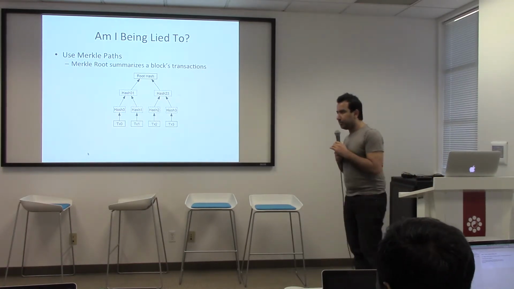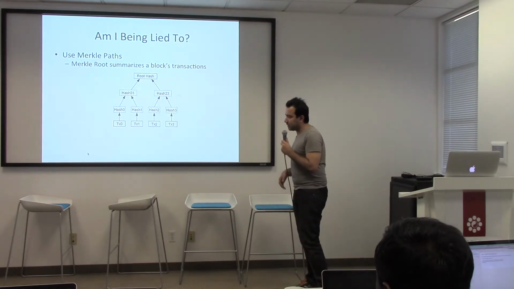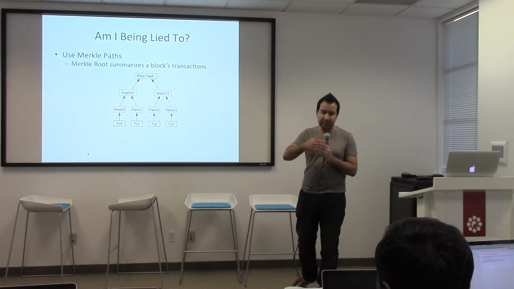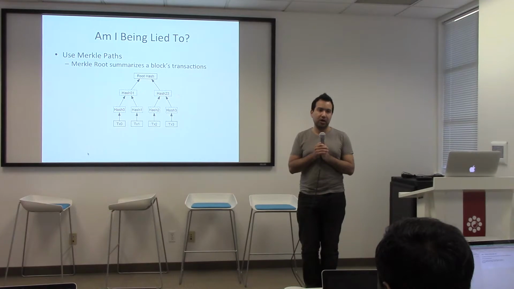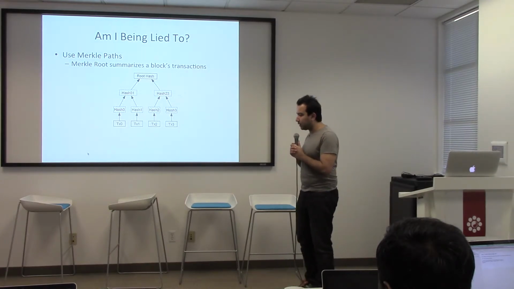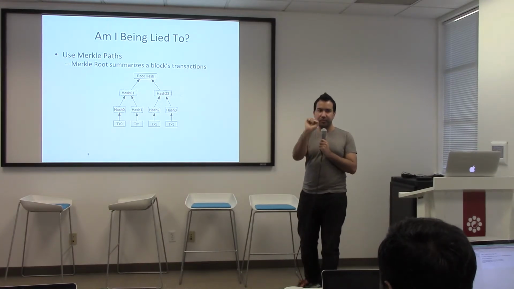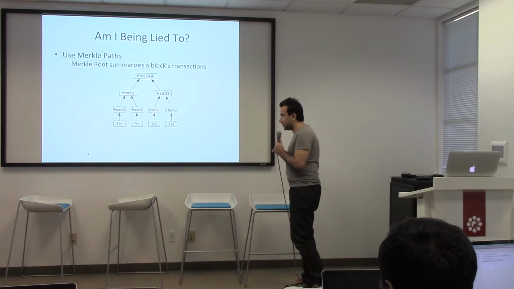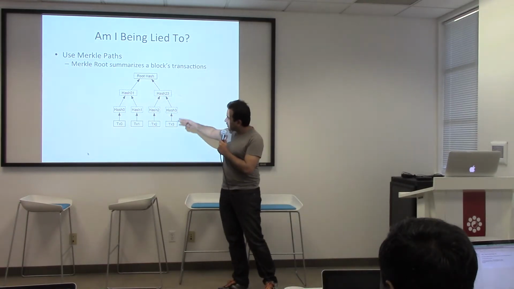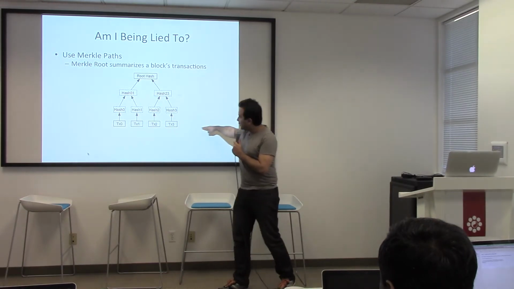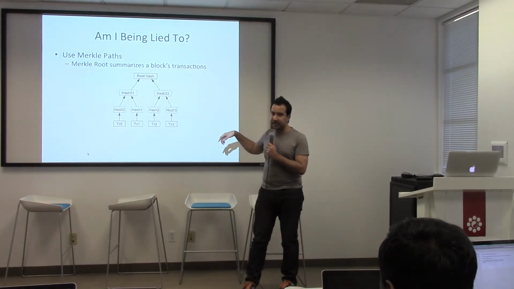If you remember Merkle roots, you can summarize the entire contents of the block in a hash string that is 32 bytes, right? The way you do that is, in this binary tree, you have all the transactions as leaf nodes.